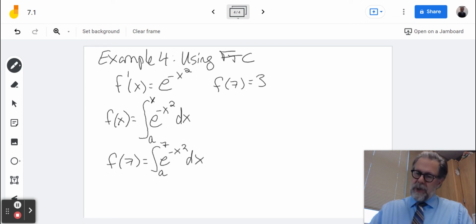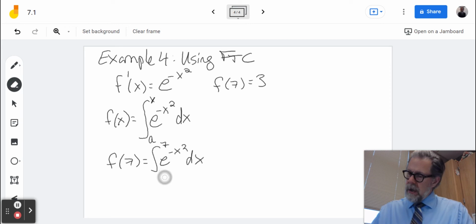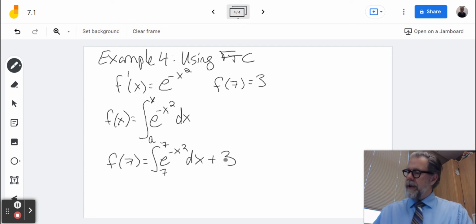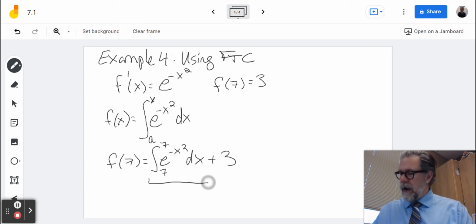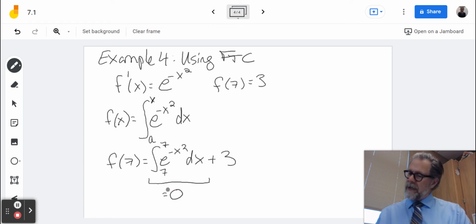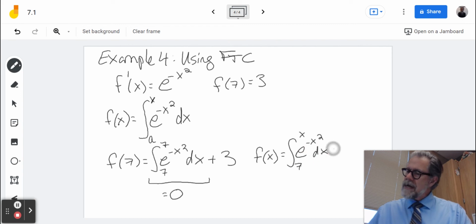Unless, of course, instead of putting an a right there, I put a 7 right there and add 3. I think we can all agree that that is equal to 0, which means that f of 7 is equal to 3, which means that my function f of x is the integral from 7 to x of e to the negative x squared dx plus 3.